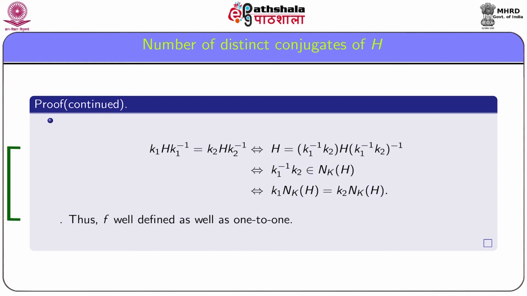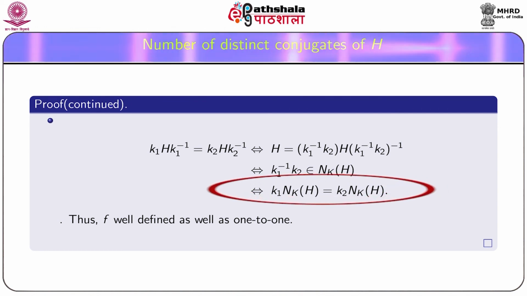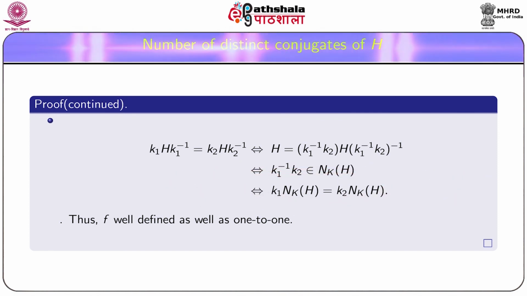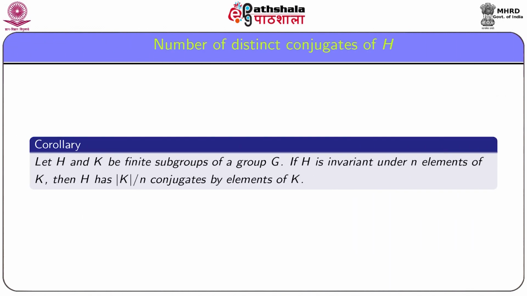This is if and only if k1^{-1}k2 belongs to N_K(H). Again, this is equivalent to the fact that the left coset of k1 determined by N_K(H) is equal to the left coset of k2 determined by N_K(H). Thus, f is well defined as well as one-to-one. Also, it follows from the definition of f directly that f is onto, and hence the result follows.